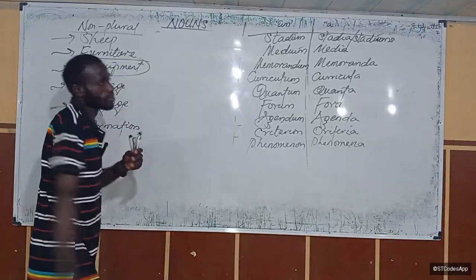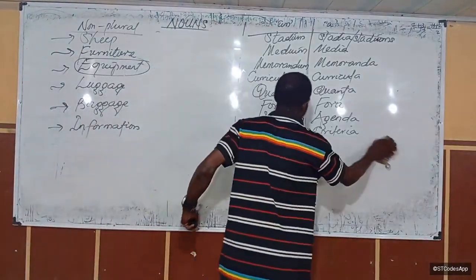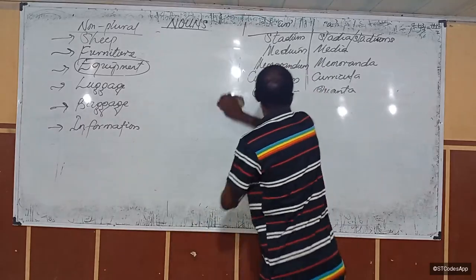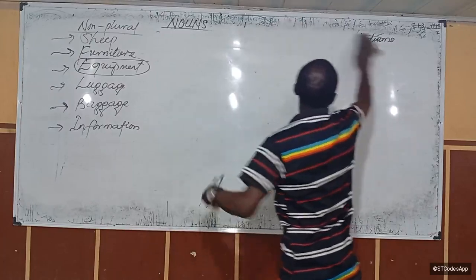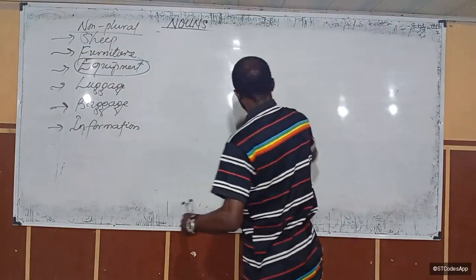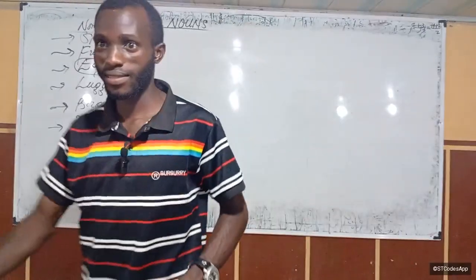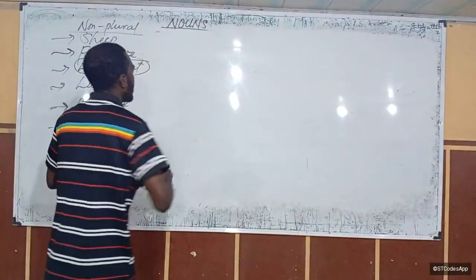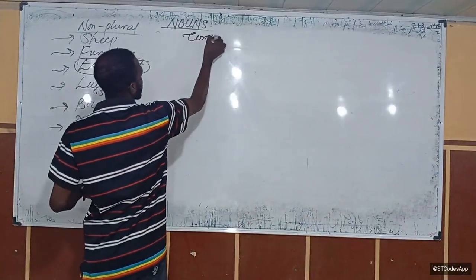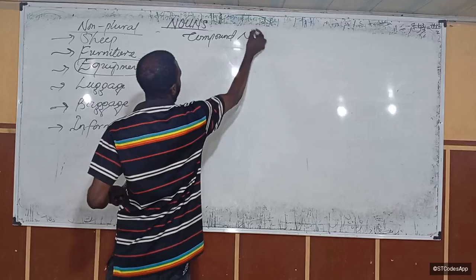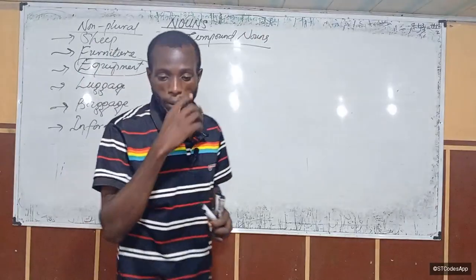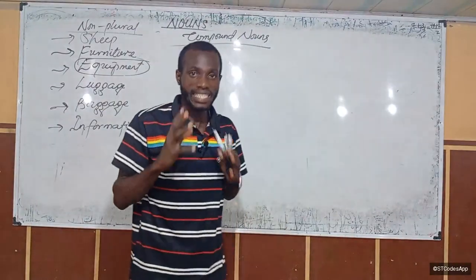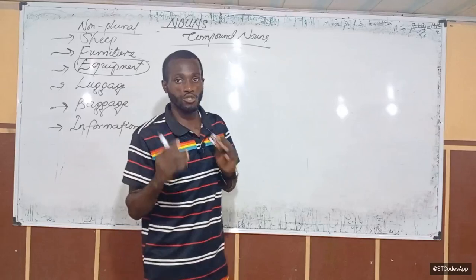So that's it. All right. Now let's take the compound nouns. Compound nouns. Okay, so now compound nouns. You should pay attention in this part, but I'm going to give you the trick.